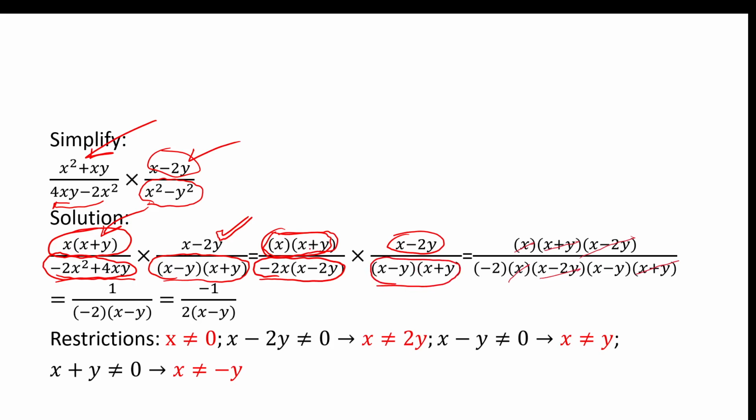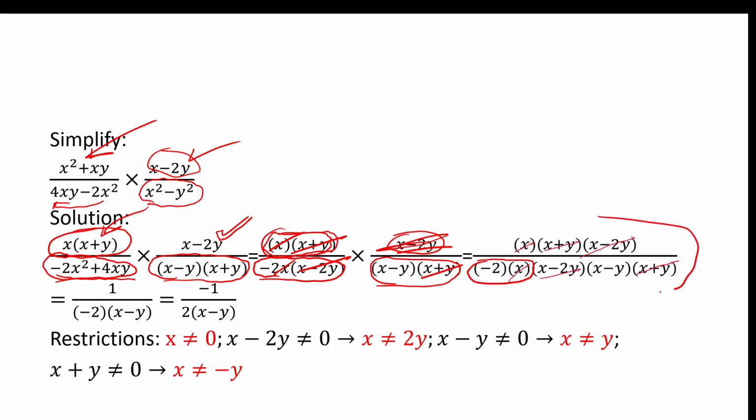And what we see now is an opportunity to cross out x plus y with x plus y, cross out x minus 2y with x minus 2y, cross out a factor of x with this factor of x, because a factor of negative 2x becomes a factor of negative 2 times a factor of x.